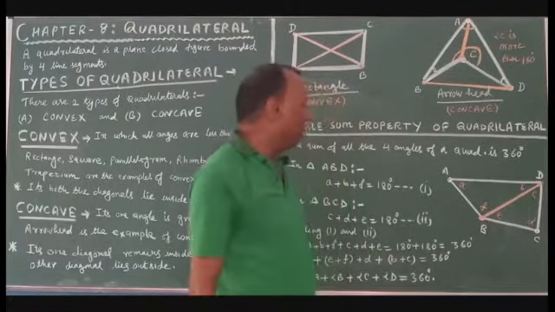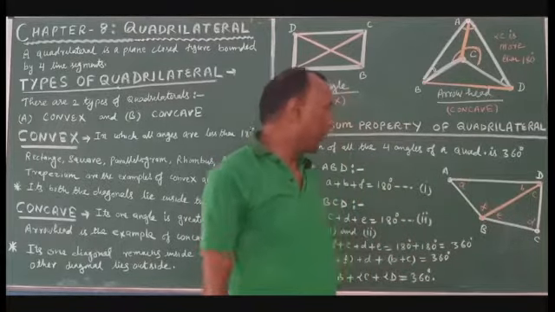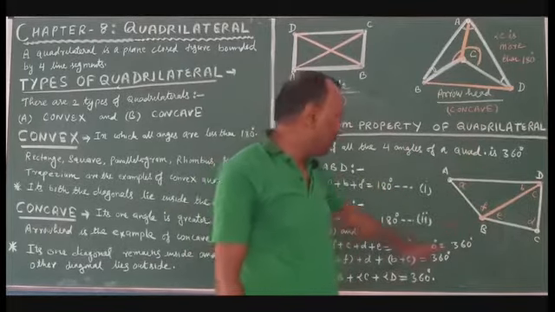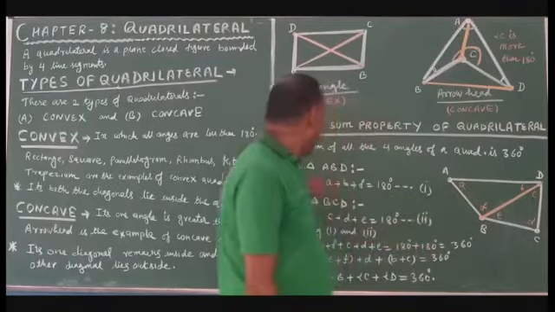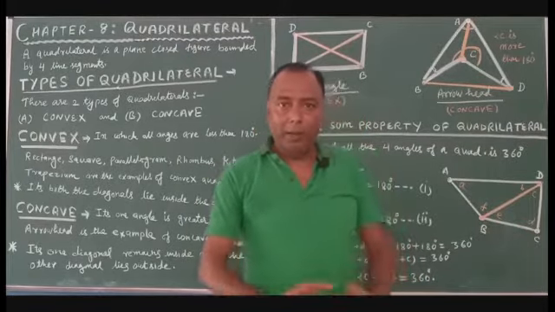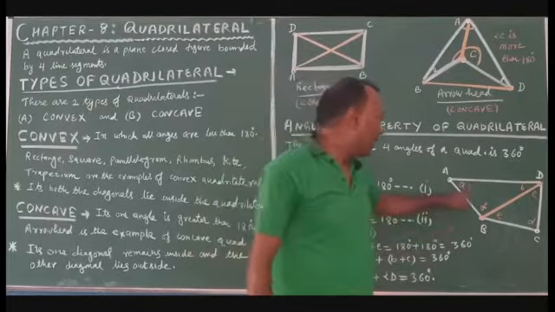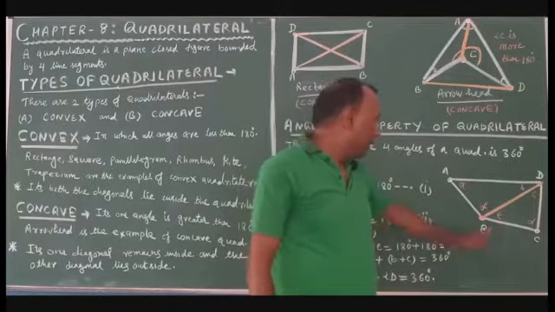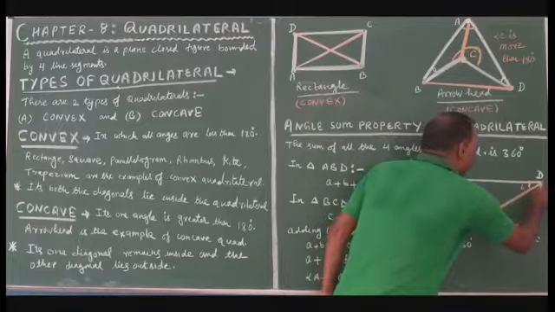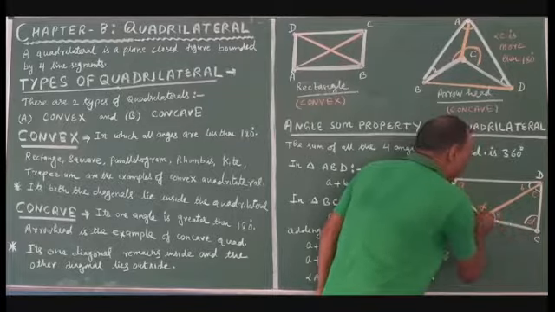This diagonal BD divides the whole quadrilateral into 2 parts, triangle ABD and triangle BCD. The diagonal of a quadrilateral divides it into 2 triangular parts. Let these angles be small a, small b, small b, C, small d, small e, and small f.